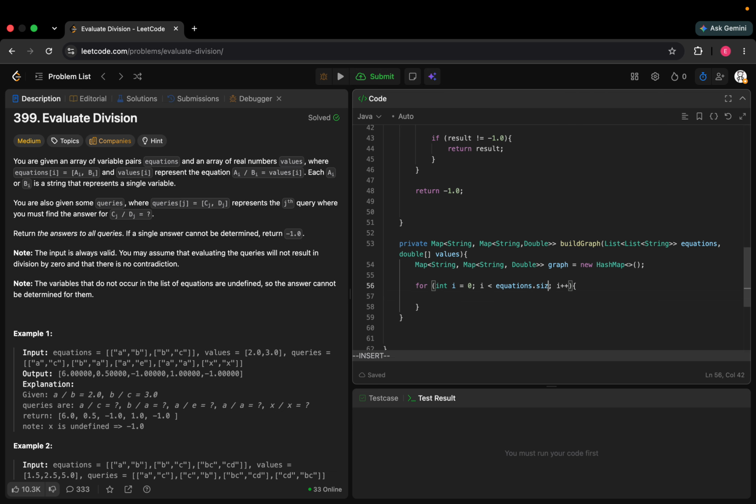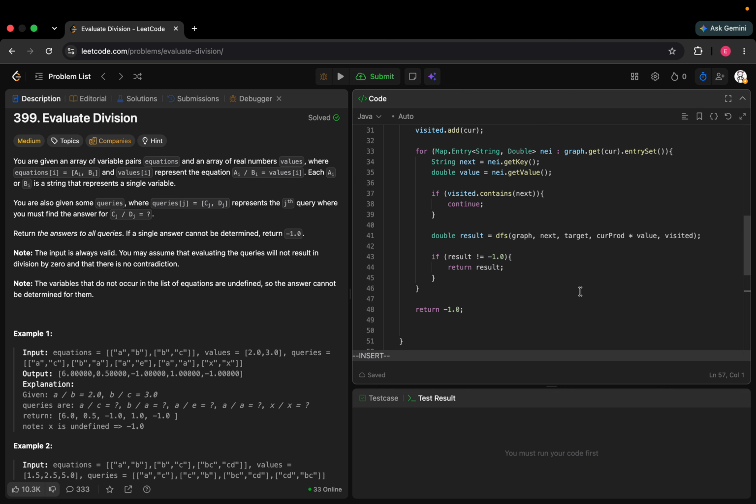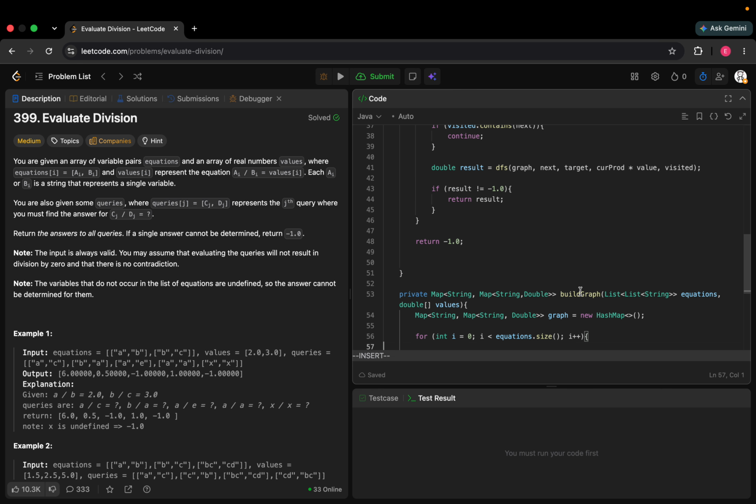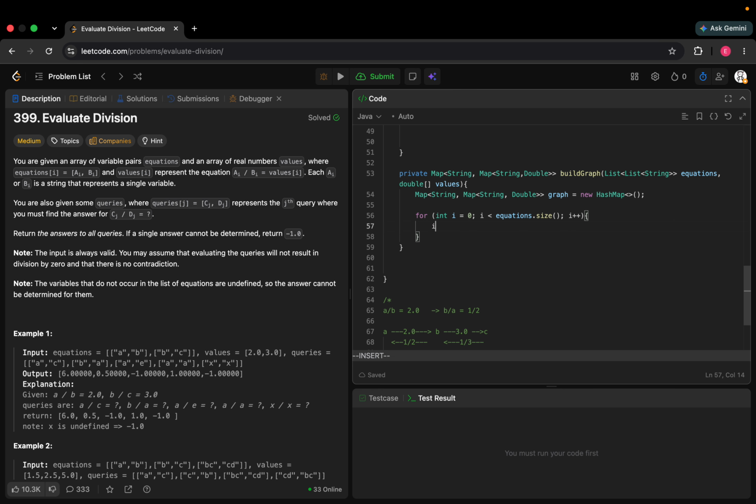Size. If, okay, so list the string cur equation gets, for example, we can get the A and B for this one.